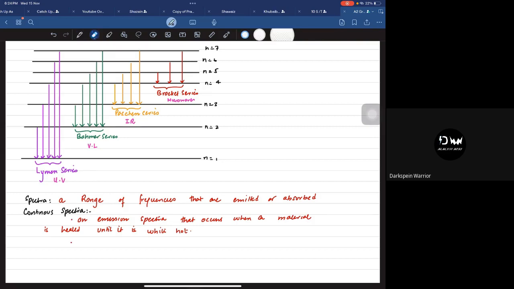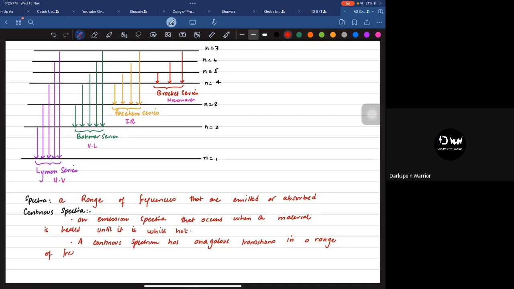So then what happens is a continuous spectrum has analogous transitions in a range of frequencies with no step variations or sudden changes.